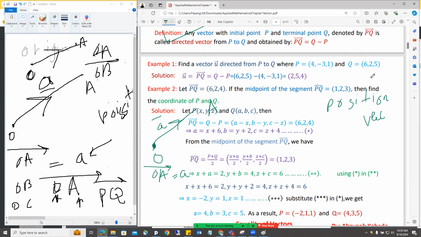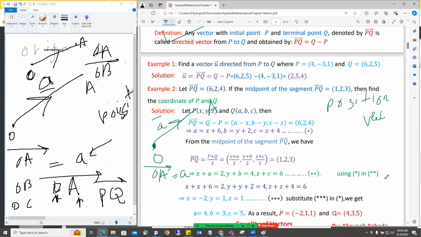Are these vectors in 2D or 3D? It's in 3D, because here we have 3 digits. For the point P, they have denoted 4, -3, 1. For the point Q, we have 6, 2, and 5.